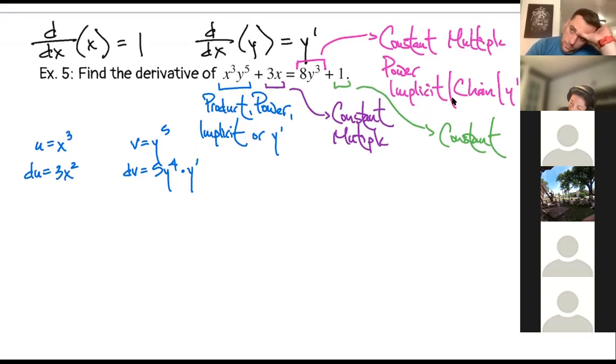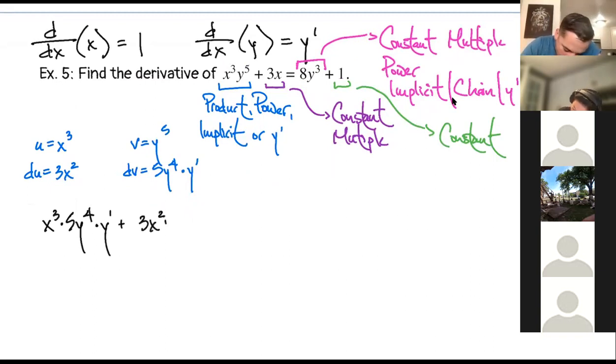And so when we set things up, we will end up with x cubed times 5y to the 4th times y prime plus 3x squared y to the 5th. That's all the things in blue. Plus derivative of 3x is 3. That's the thing in the purple.